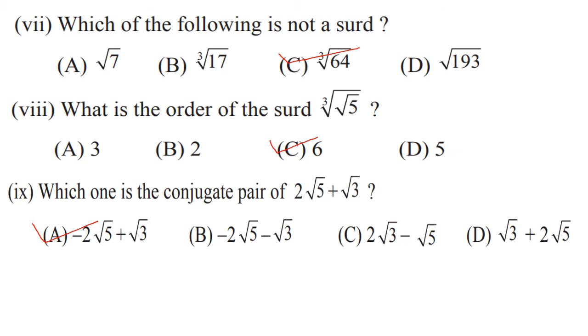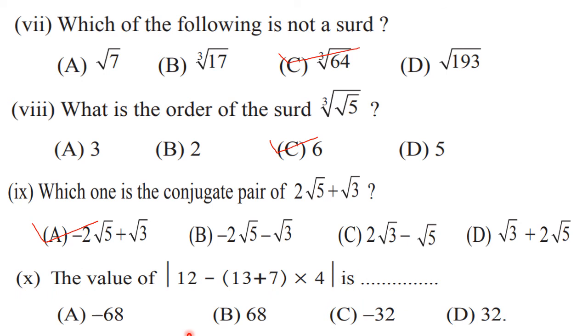Now let's go towards the last MCQ here. Then we will stop. The value of modulus of 12 minus, inside the bracket, 13 plus 7 into 4 is. So it depends on the absolute value, and as I have said, we are going to use BODMAS rule. Means first we are going to open the brackets, then division, multiplication, addition and subtraction.